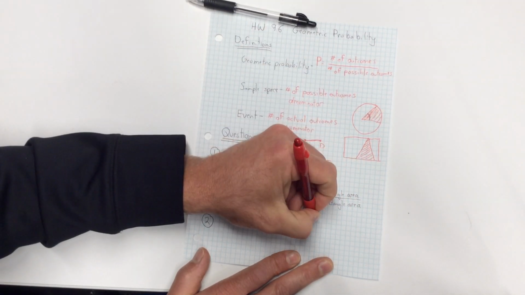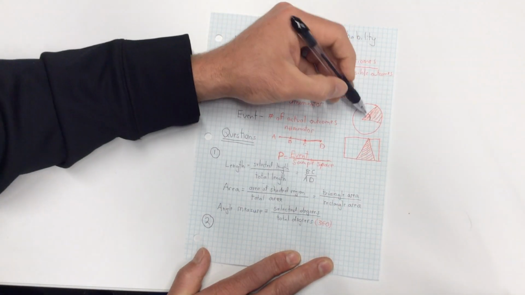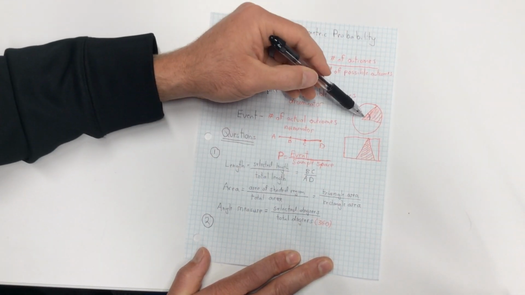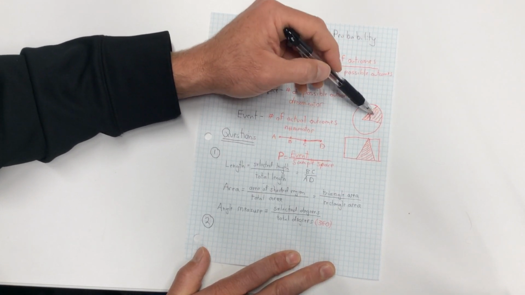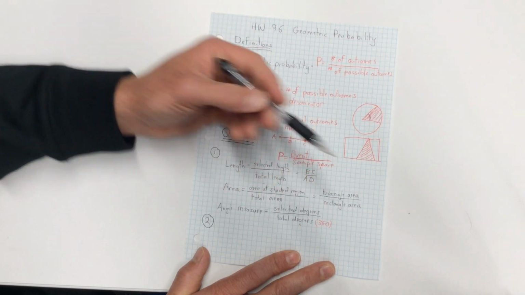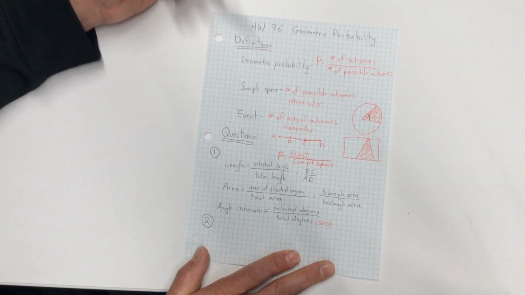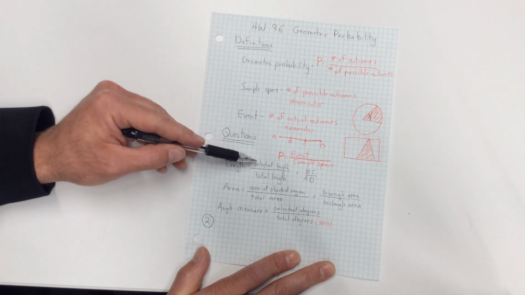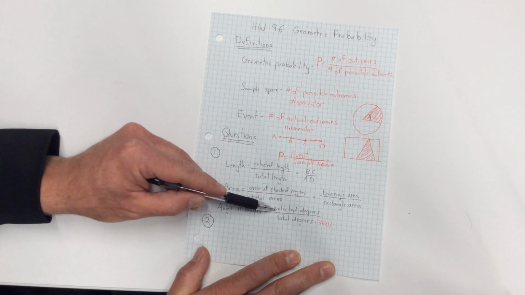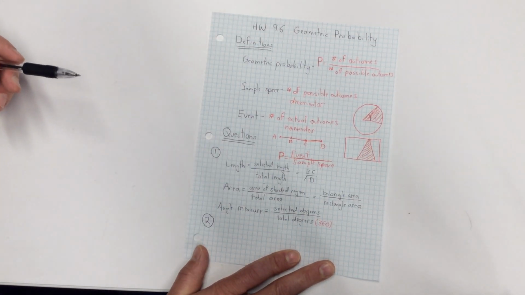So this will always be 360. And so the angle measurements will be real nice because they'll give you this angle measurement, and then you'll just divide that by 360, and that's going to be your probability of hitting that shaded region. Okay? So in all three cases, you're taking the selected piece or the shaded piece, and you're putting it over the total length, the total area, or the total degrees.